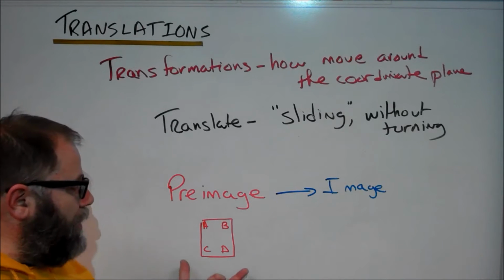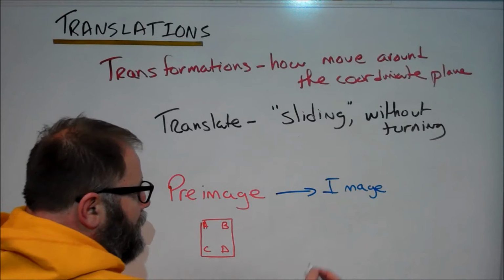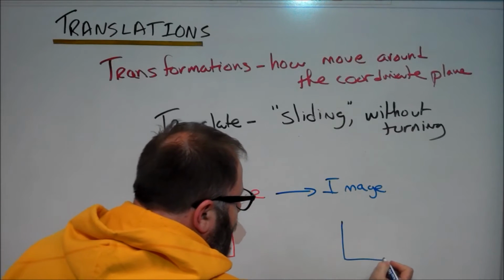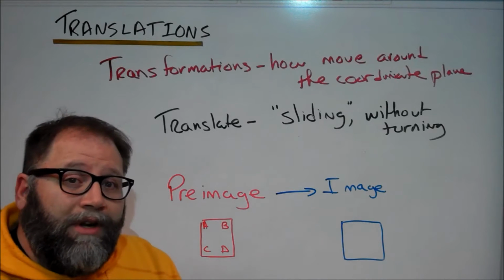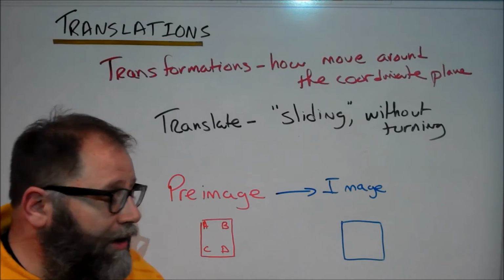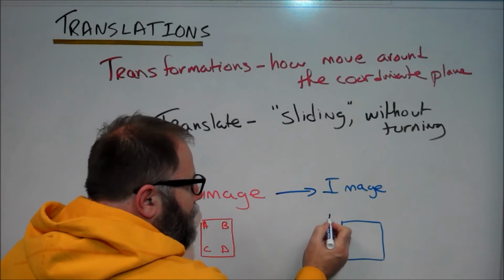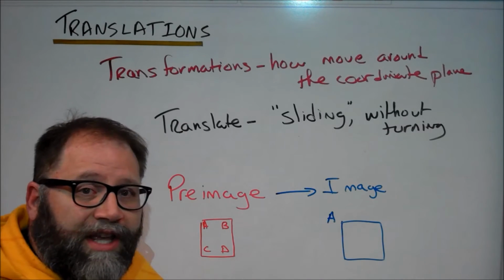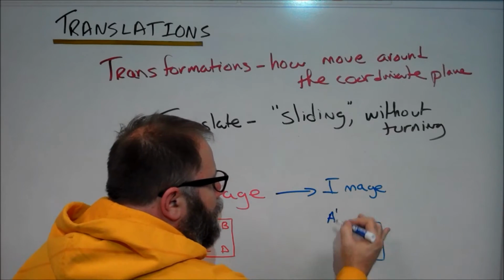Now in this case, all I'm going to do is slide this figure over to this spot. So then I'm going to redraw my rectangle, and then label it differently. This time I'm going to label it on the outside so you can see it a little better. Once I go from the pre-image to the image, each point is going to get a little mark on its top left shoulder, like one little quotation mark.